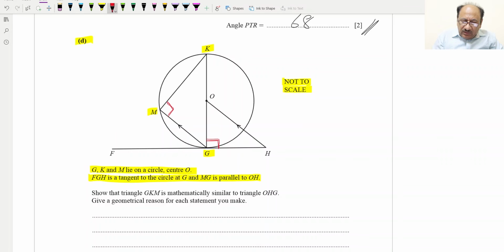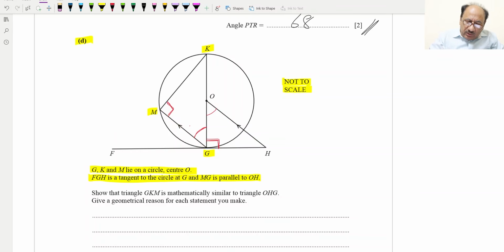Further, we can understand that these two lines are parallel. This line is parallel to this line. So if we complete a Z like this one, we can say this angle is equal to this angle. So these two angles are equal.